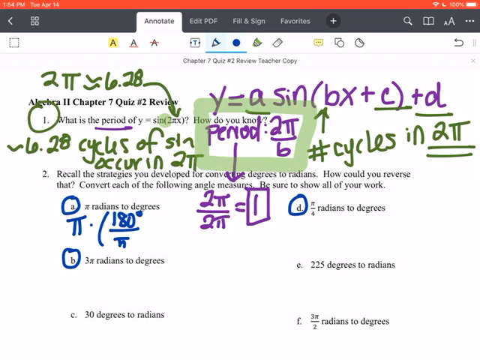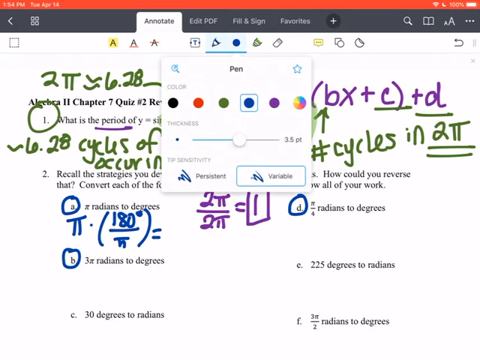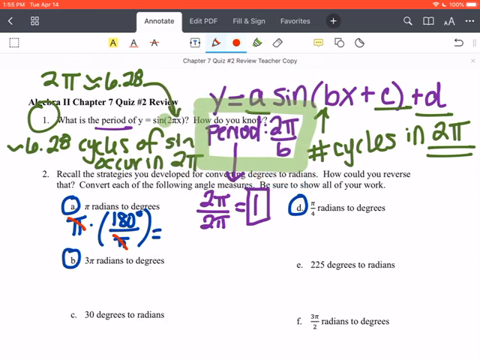You could use 360 over 2 pi, but let's keep our numbers as small as possible. So when I take pi over 1 times 180 over pi, you can always multiply straight across the top or do some kind of fraction buster type ideas, and we see that in this case our pi's are going to cancel out, so we get 180 degrees.